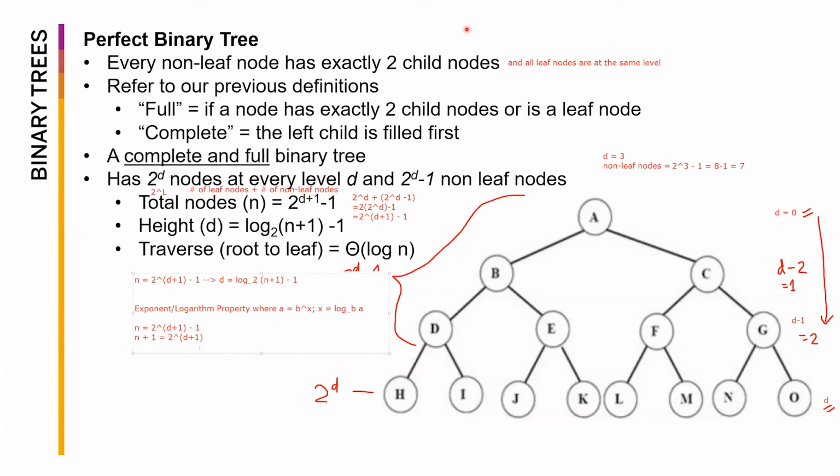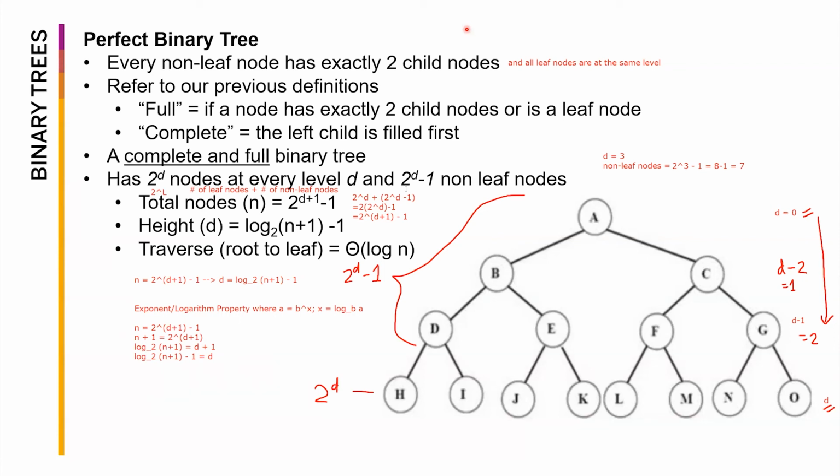We arrive at log base 2 of n plus 1 is equal to d plus 1. Then we move the 1, and we arrive at log base 2 of n plus 1, minus 1, equals d. So that's the story now.